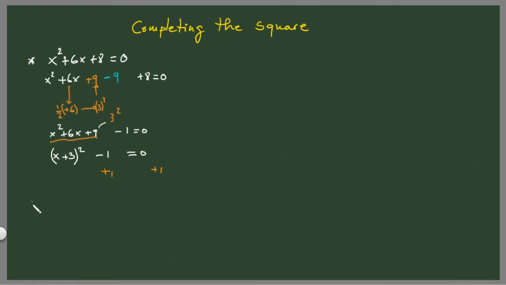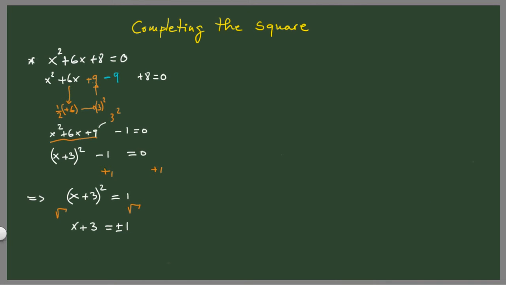So this is going to give us x plus 3 to the power of 2 equals 1, and we can square root both sides. And this is giving us x plus 3 equals plus minus 1. When you take the square root, it always gives you two solutions.